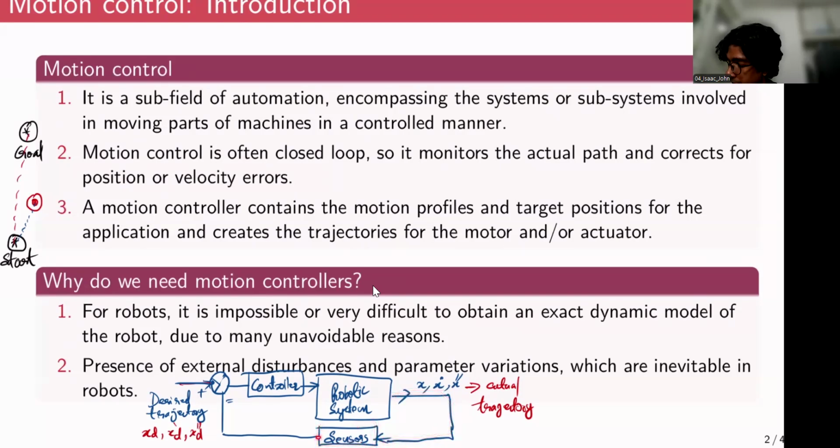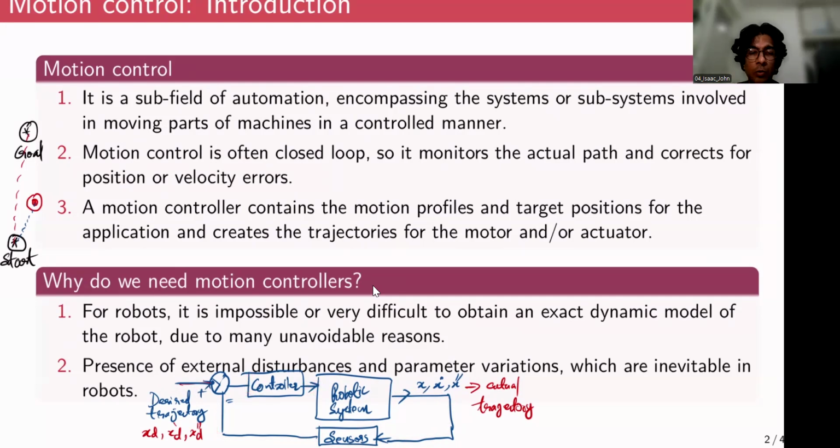that will end up as its actual trajectory, which can be measured through some sensors. And if there is any deviation between the sensor readings, which are the actual trajectory coordinates, and the desired trajectory coordinates, the controller would give the appropriate inputs into the motors of the robotic system.